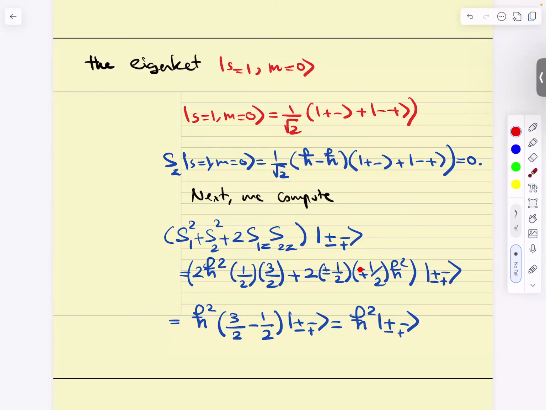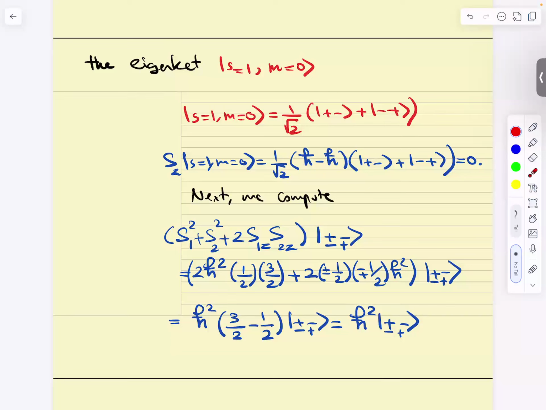S2z acting on this guy gives you minus half, bottom one plus half. Good? So you add them up. This is 3 over 2 minus half. You get ħ squared. So these vectors are also eigenkets of this piece.